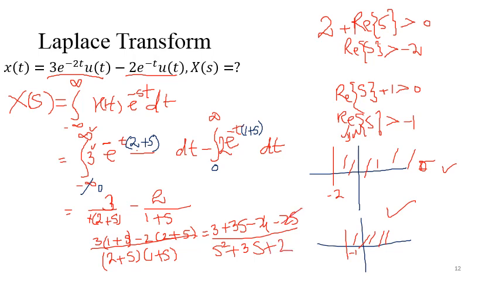So this is 3s and this is 2s, so you are left with s, and 3 minus 4 is minus 1, so you can simply write s minus 1 upon s square plus 3s plus 2, right?